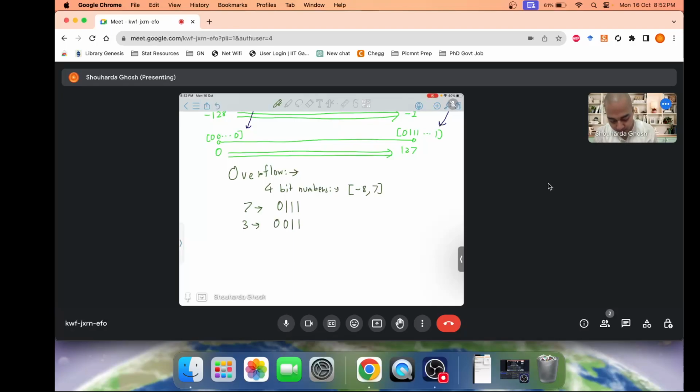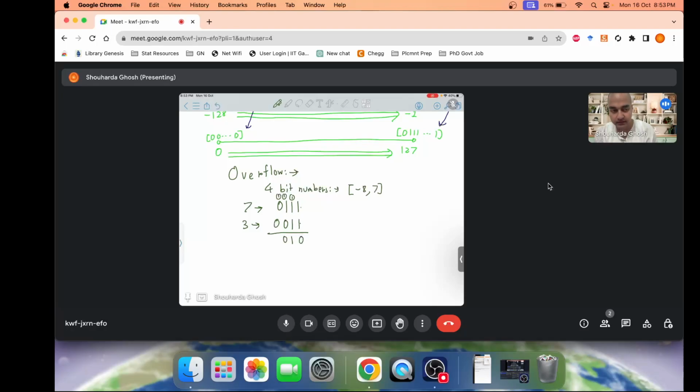Okay, now let's add them directly. 1 plus 1 gives me a 0 as sum and a 1 as carry, and then it goes into a full adder where 1 is the carry in, 1 is the A and 1 is the B, so it's 1 plus 1 plus 1, sum as 1, carry out as 1. Again 1 and 1 gives me sum 0 and a carry of 1.